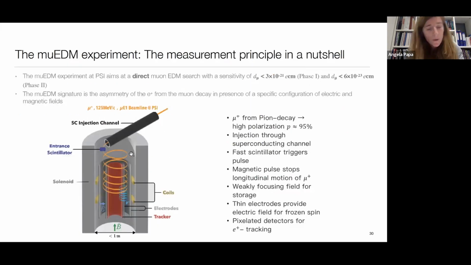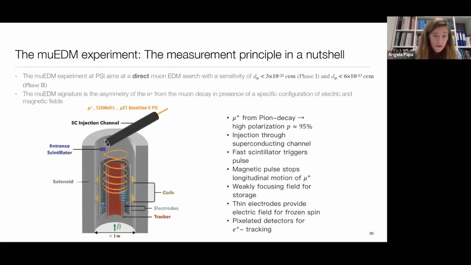Now, looking more at the detectors, we need an entrance detector that tells us when a muon is entering, because then we have to trigger the kicker of this weak magnetic field. Then the muon continues and reaches the zone where it is accumulated in this special orbit, and we just have to wait for the muon to decay.